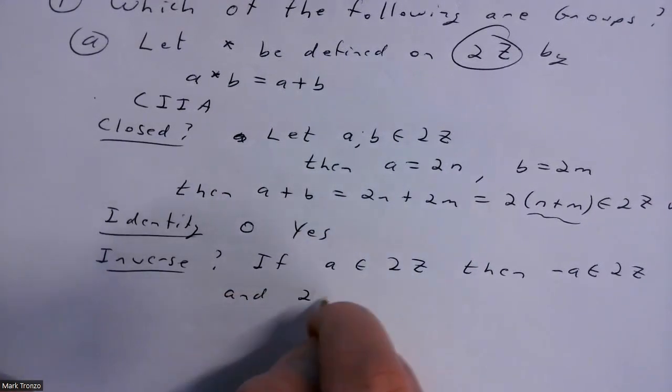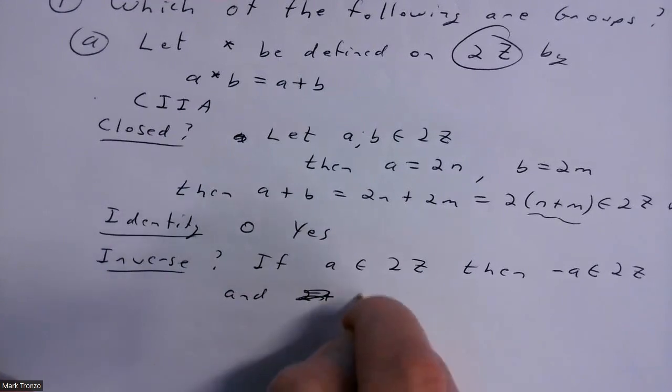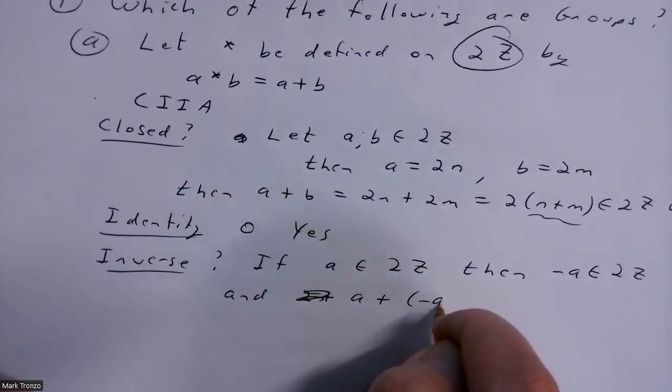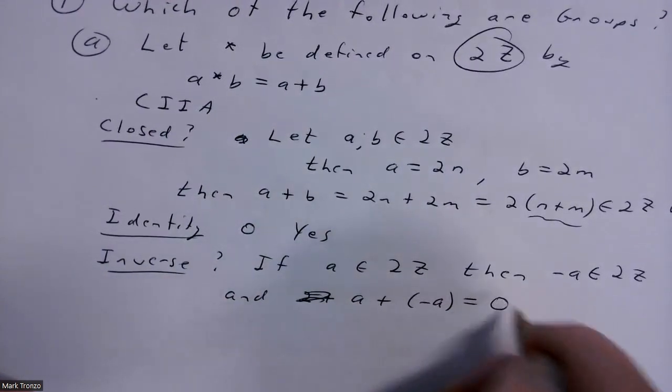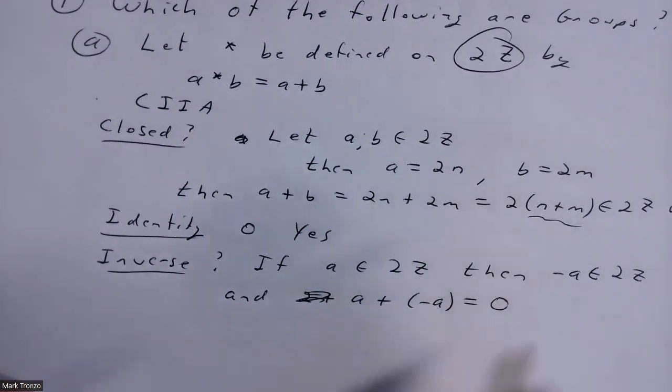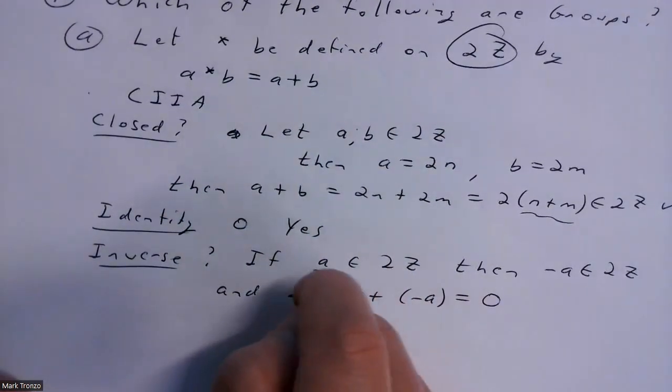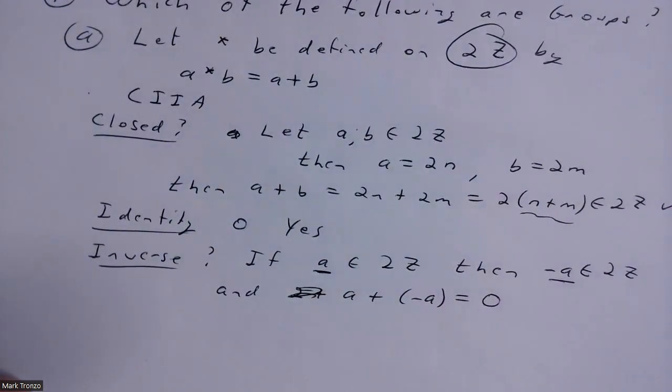And A plus negative A is going to be 0. So that's an inverse. In other words, for any A, the inverse is in the set.